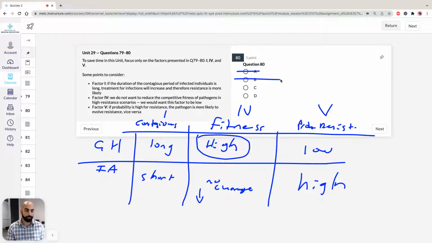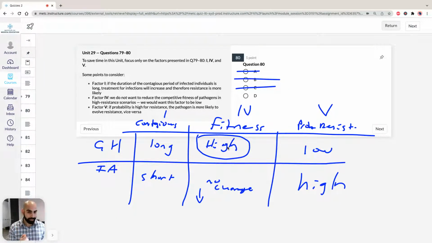It says more slowly because of 1 and 4. No, because we've got a long contagious period. That's not going to affect it. More slowly because of 4 and 5. Well, 4 has a high fitness, which means it's going to be more slowly, because if the competitive fitness has been reduced and the 4 value is high, that means resistance is going to be less likely, because in high resistance scenarios, we want this to be low.